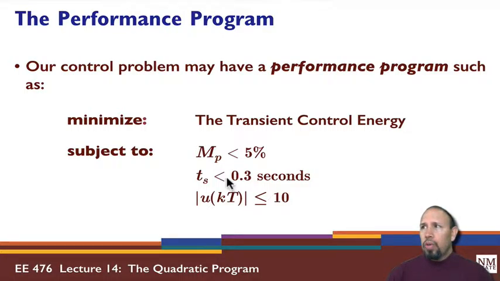Some control problems, it's okay to have larger overshoots than this, in which case you might have a larger number or you might not even have a constraint. That may not be an issue. Settling times are often constraints, and control magnitudes are often constraints. And these two are often in conflict with one another in terms of if you speed up one, you require greater of the other, and so forth.